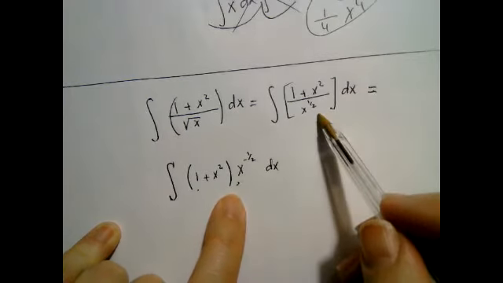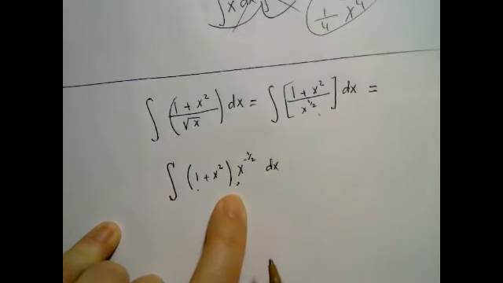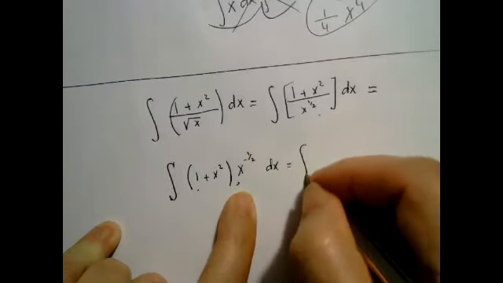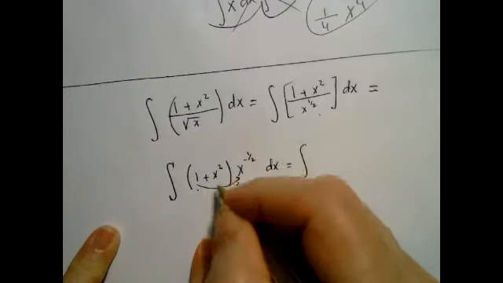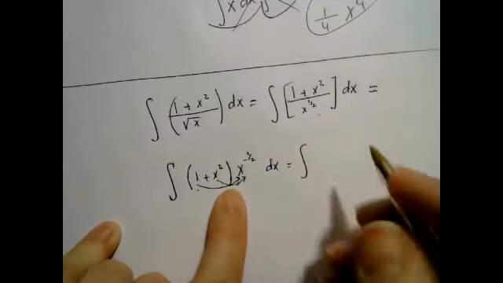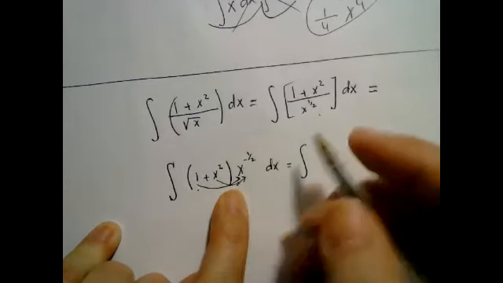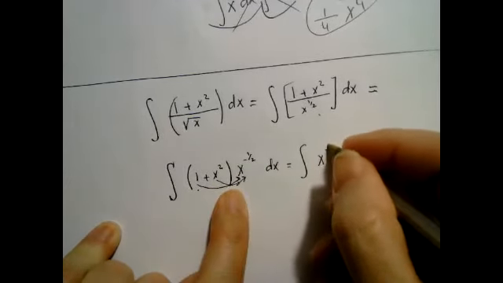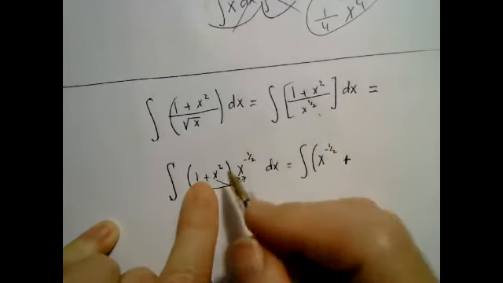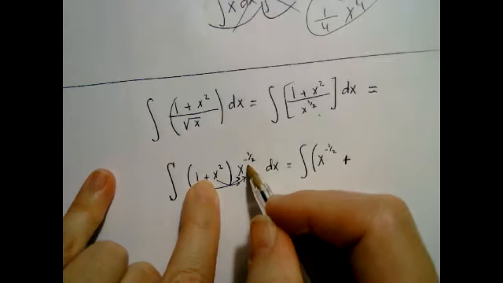Dividing by x to the half is like multiplying by x to the minus a half. So this is going to become equal to, I distribute, because I have a product, I cannot do anything. I have to make it into a sum. I distribute x: 1 times that gives me x to the minus a half, plus x squared times x to the minus a half.